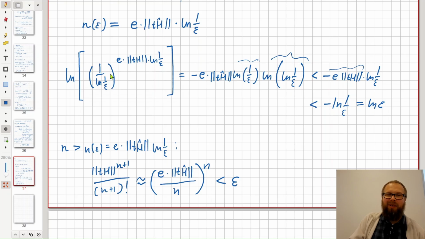Because what I wrote here is a logarithm of this guy when I substitute for n this guesstimation. And smaller than logarithm, so I just exponentiate both sides, and here I arrived.